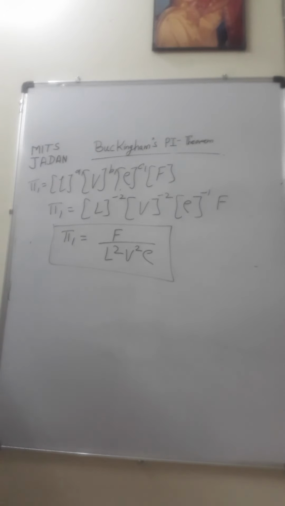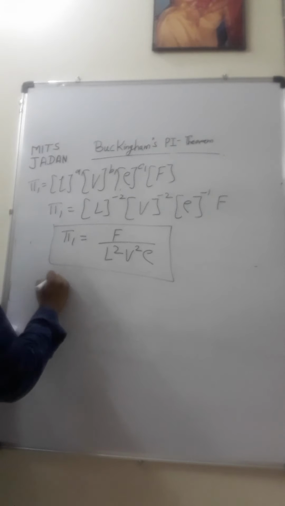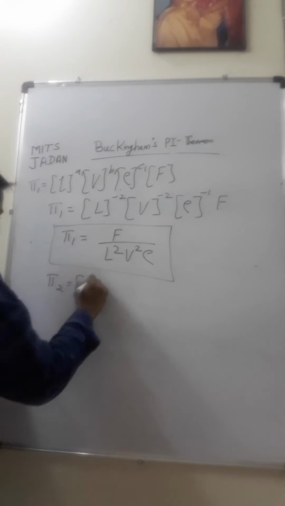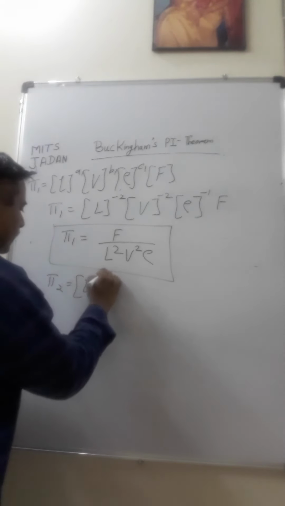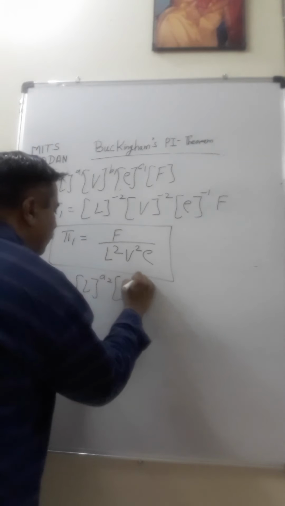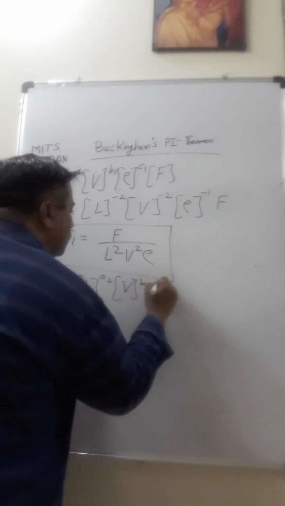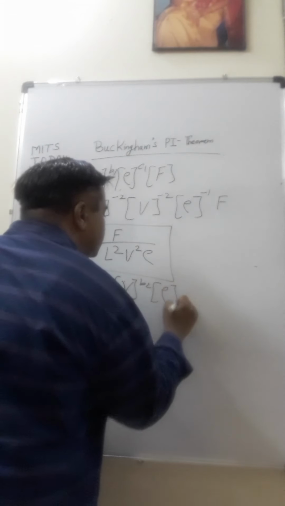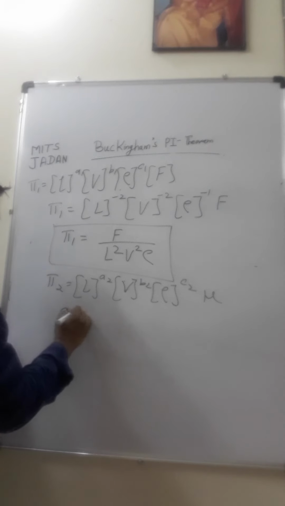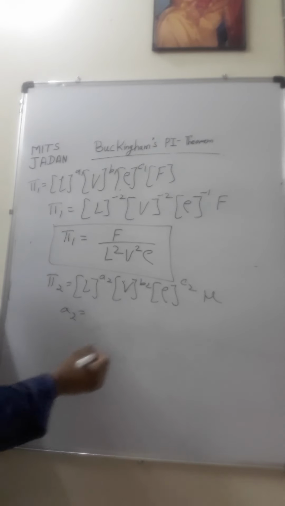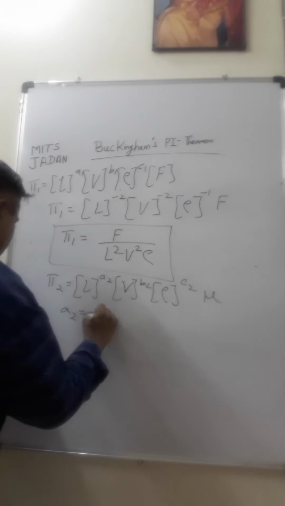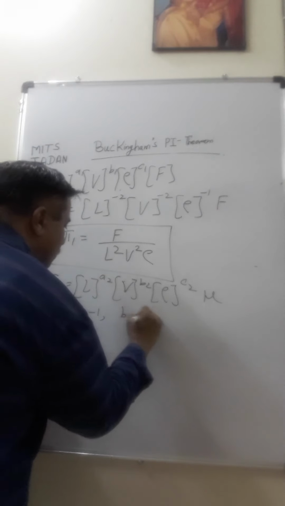Now, by a similar method, we will be able to find out our second pi term. I am writing here, it is L to the power of A2, V to the power of B2, rho to the power of C2 and mu. And here you will find A2 is equal to minus 1, B2 is equal to minus 1.